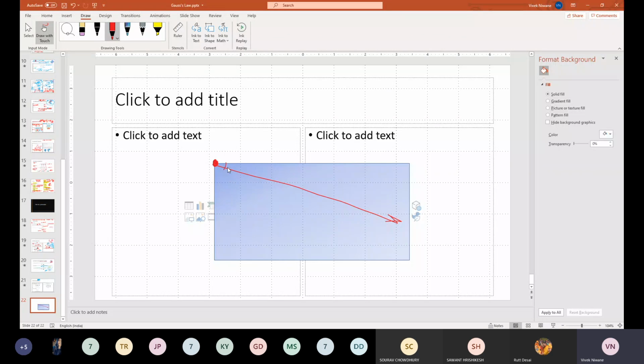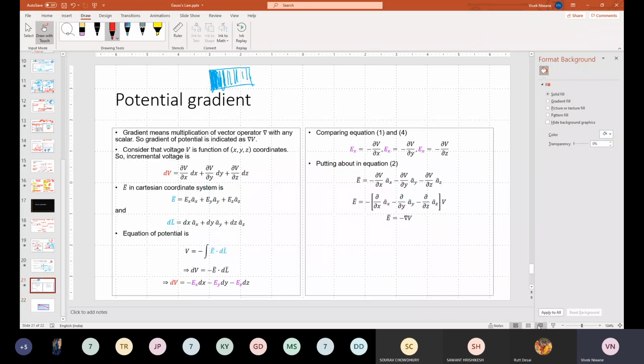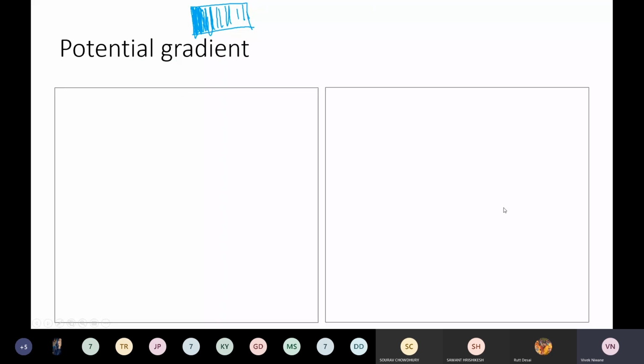Here the electric field will be dark, meaning its intensity will be larger, and as we go away from the charge, its electric field intensity is going to reduce. So we have a gradient related to the electric field. Now we will go back to the previous slide, where we are going to discuss the potential gradient.